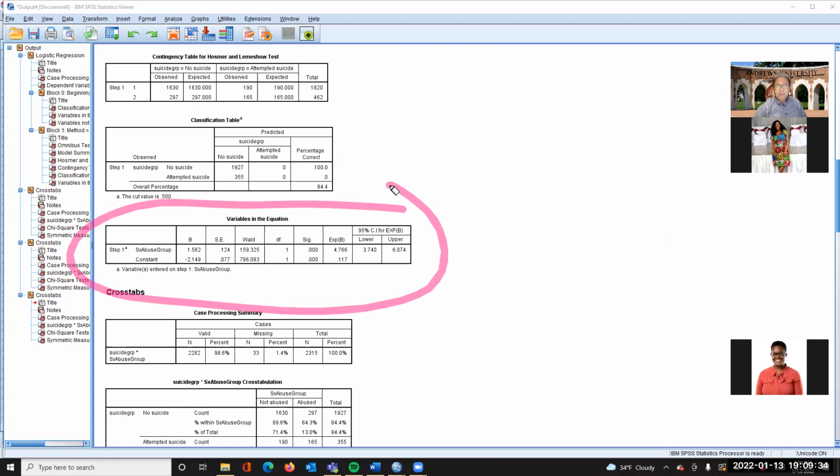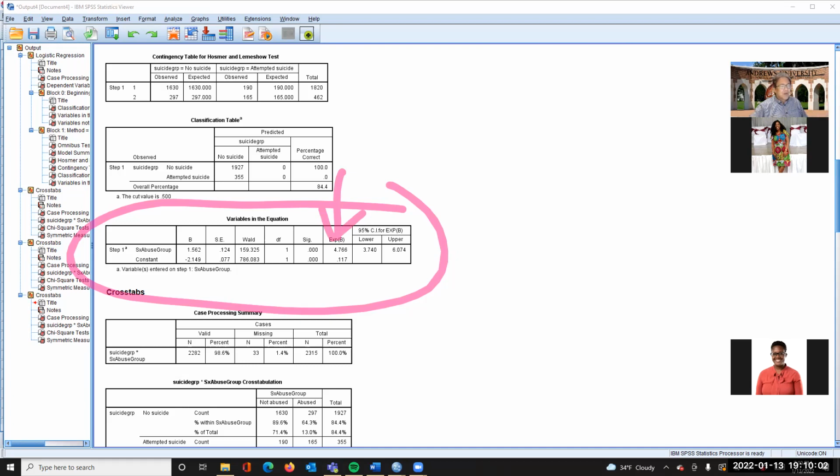The addition here is, instead of looking at the importance of the variables, you want to look at the odds ratio. I suppose you can consider that as equivalent to interpreting your standardized regression coefficients.